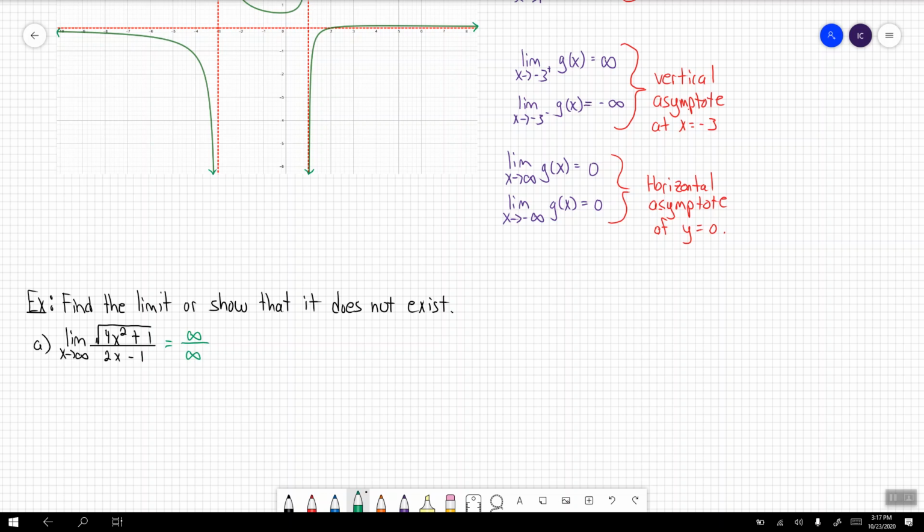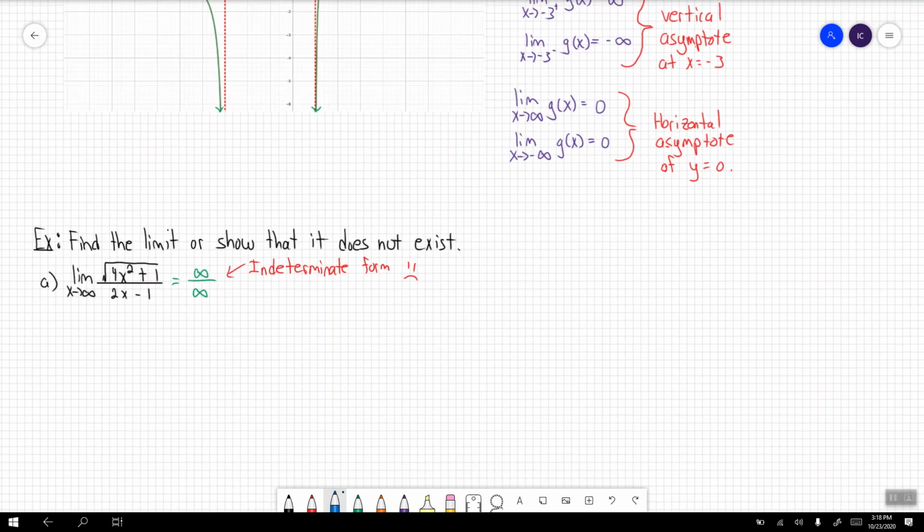And therein lies the issue, that this type of evaluation will produce an indeterminate form. Now for us, an indeterminate form is not so great. However, this now tells us that we must use some sort of algebraic manipulation in order for us to be able to evaluate this limit. So the fact that we got an indeterminate form to start off with is actually really good.